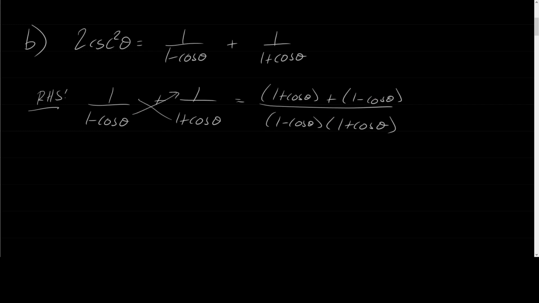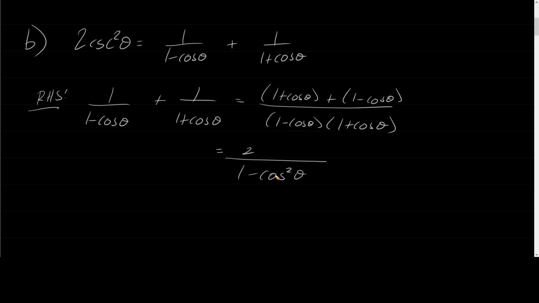Essentially, I just multiply those to the numerators. Now, at that point, the parentheses on the numerator are not really doing anything. So I have 1 plus 1, that's 2. Cosine plus negative cosine cancels out. On the bottom, I've got the product of conjugates, so I end up with the difference of squares.